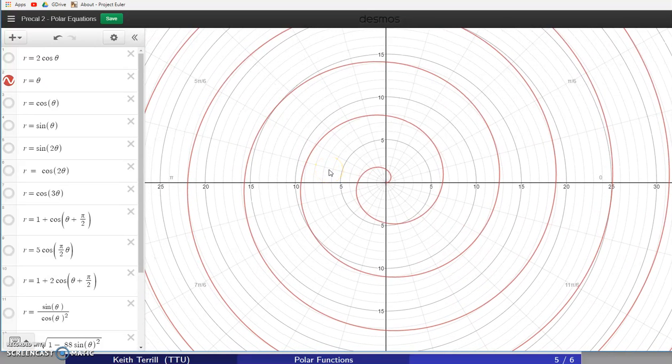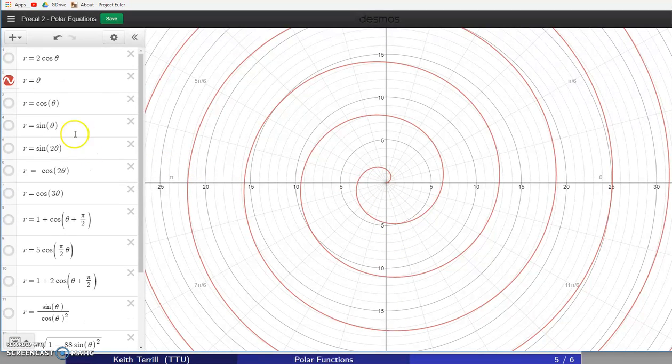It's a spiral. That's a function. I don't care how many times it fails the vertical line test, because this isn't rectangular. I don't care. This is polar. So yes, it does fail the vertical line test, but so what? This is a function now.